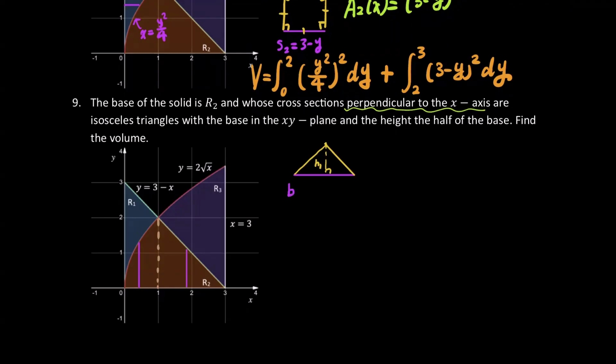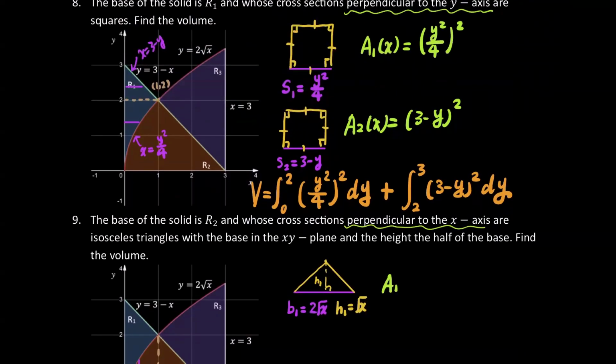So base number 1, the left portion is 2 square root of x. And height is just going to be half of that. So area function number 1. Oh, my bad.